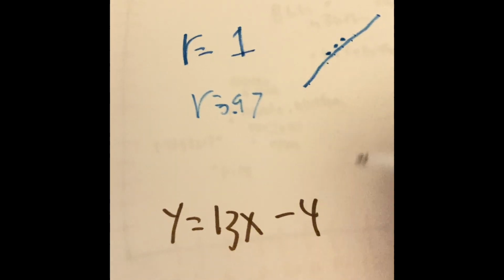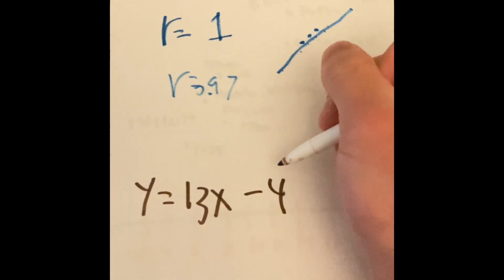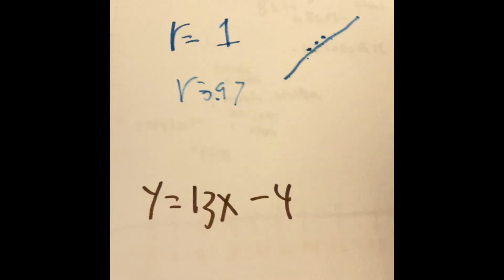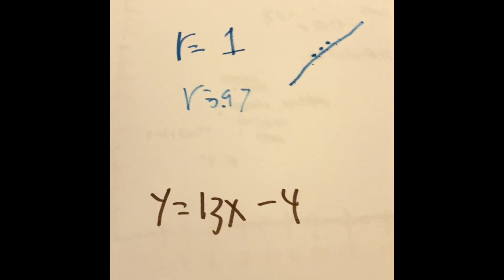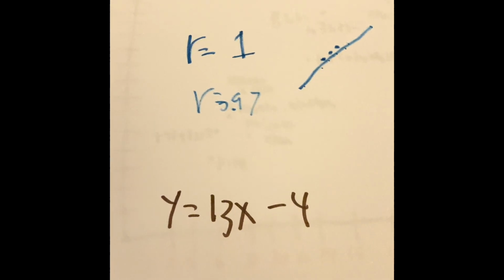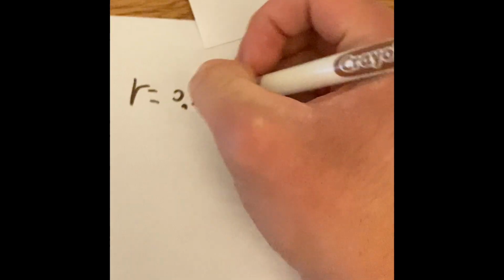But no car can have negative 4 as its starting position. When you have speed or acceleration, you only have positive numbers. So this is where the guessing comes in. Just like the last video, where we calculated the age versus the height of a human, we got an accuracy of r equals 0.24, which isn't really strong.